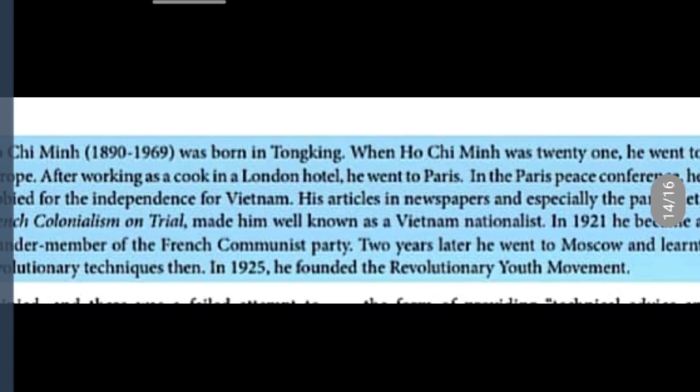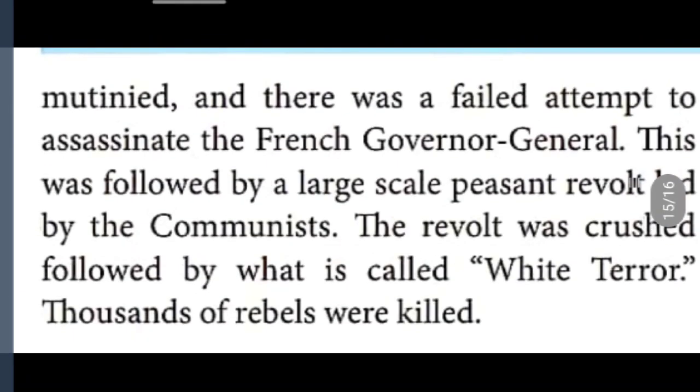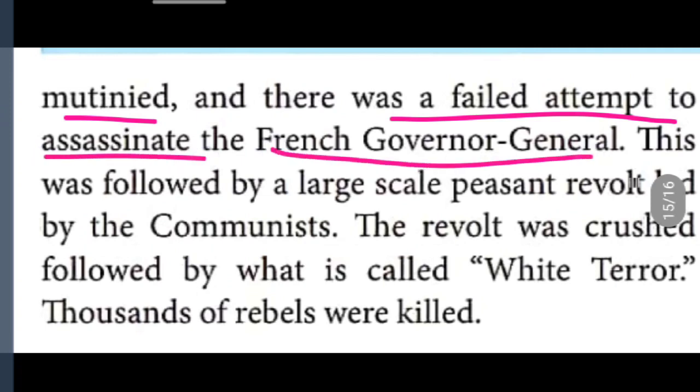Rebel, revolt, we can also say. This is the spelling of mutiny. Here it is given rebel, otherwise revolt also. There was a failed attempt. What was the mutiny? In order to assassinate the French Governor General, the Vietnamese did something.